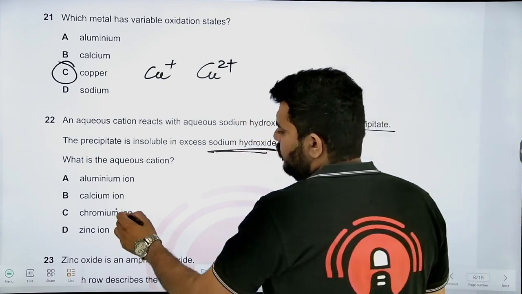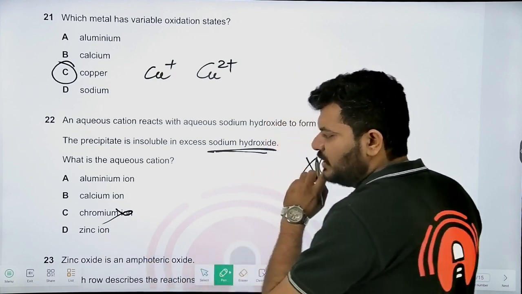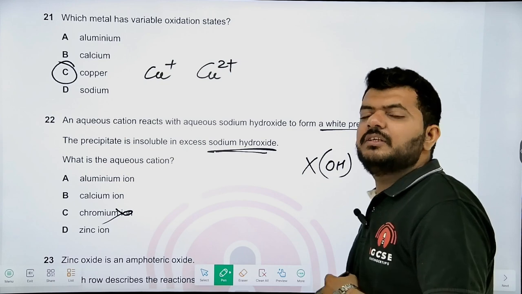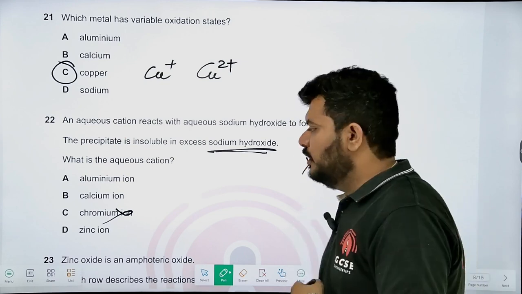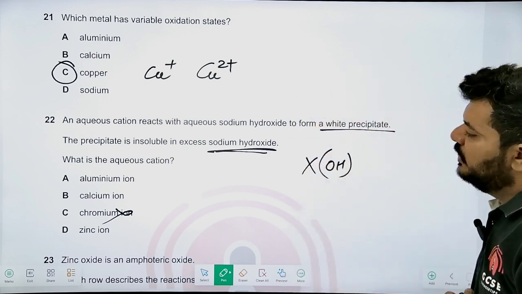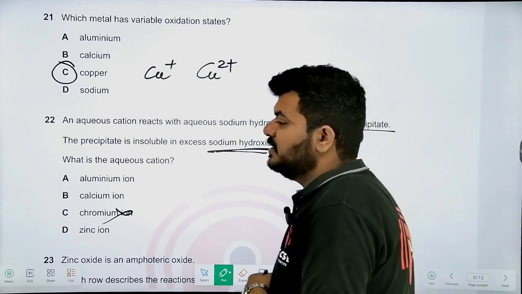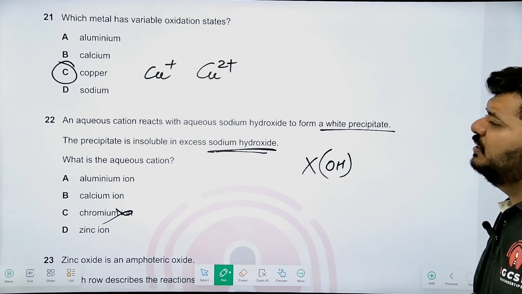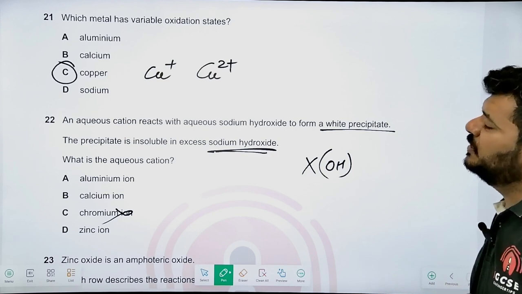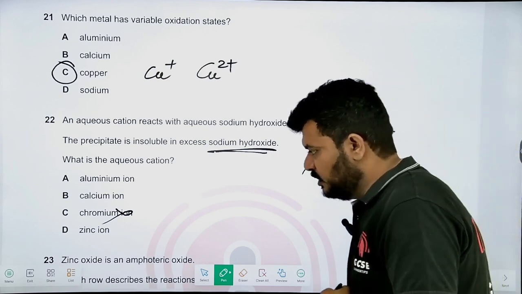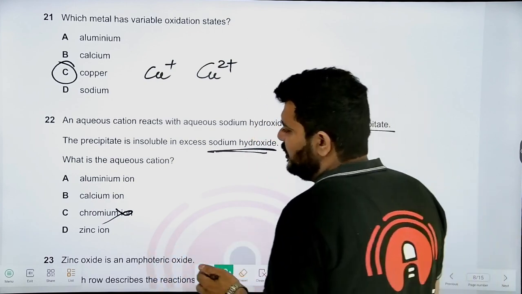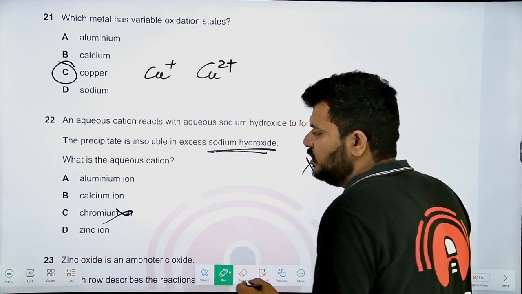Chromium, as far as I remember, gives some other color, not white, so that is not your answer. Between aluminium, calcium and zinc, what happens with aluminium? Let me remember. It should dissolve. I think aluminium and zinc should dissolve. Calcium remains insoluble in excess sodium hydroxide.